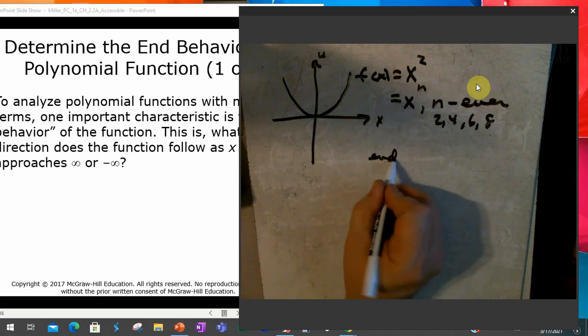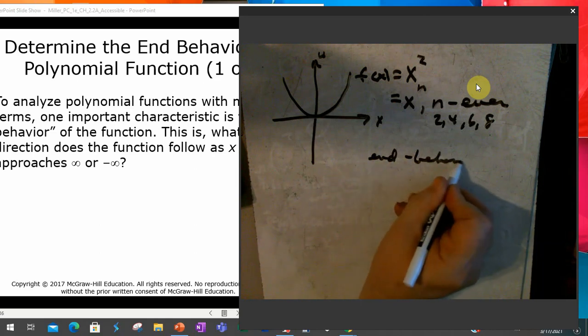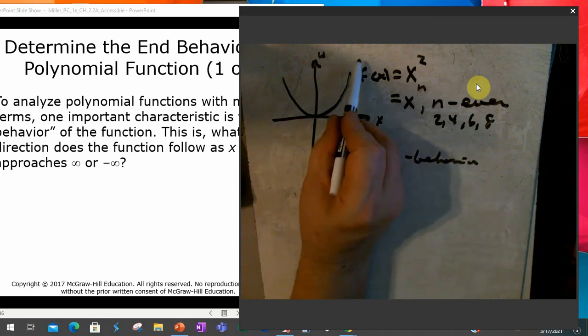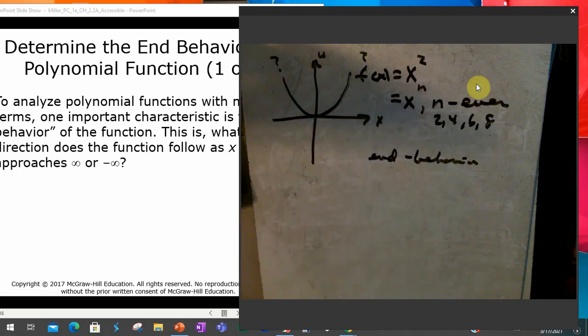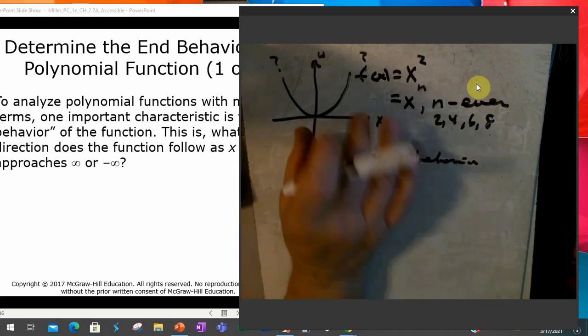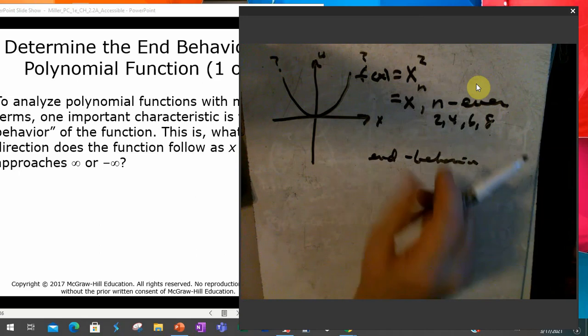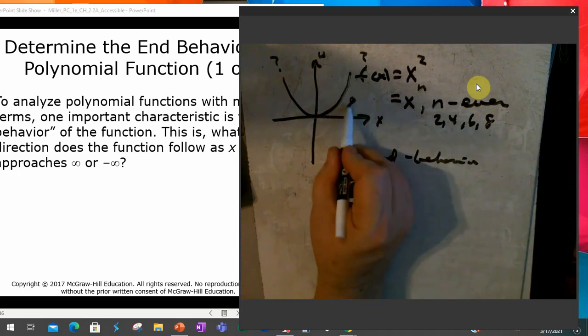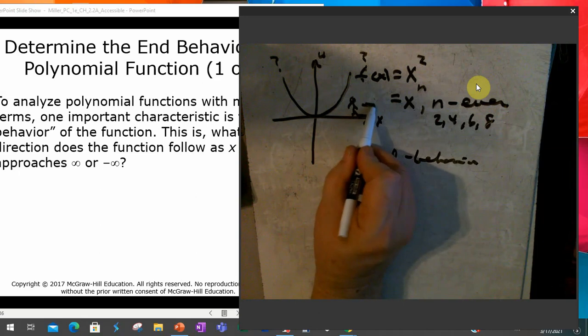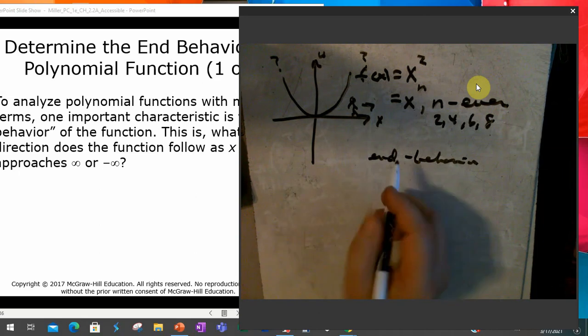End behavior is what the graph does at these ends. What does this end do, and what does that end do? I want you to know this graph for all of these. This is the end behavior. I've got a little guy that's walking out on my x-axis, out to infinity.